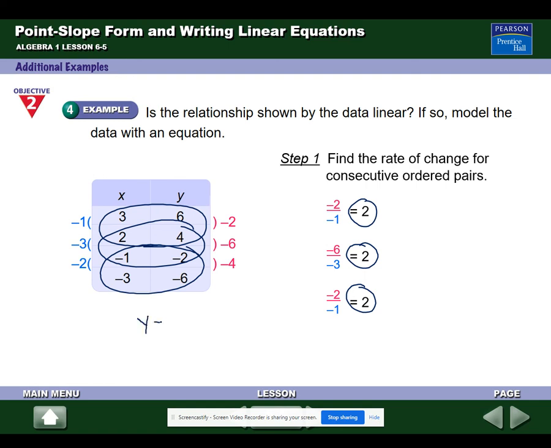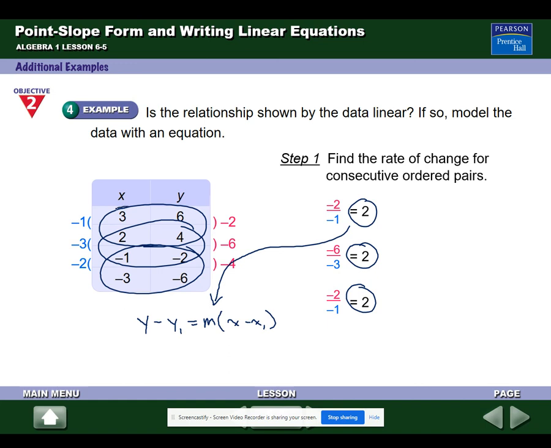Then we can go ahead and go y minus y1 equals m times x minus x1, plugging the slope of 2 in here, and then any of these points. And I won't take the same tack as I did 2 problems ago to show you that they're the same. You can test that on your own time if you want to. Just pick a point and plug it in.